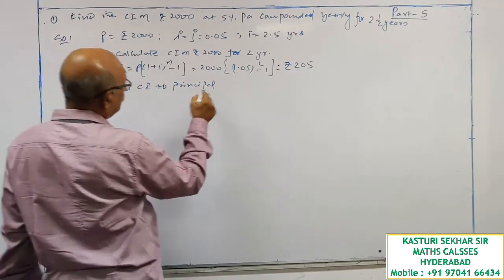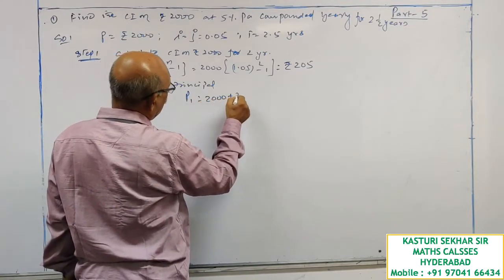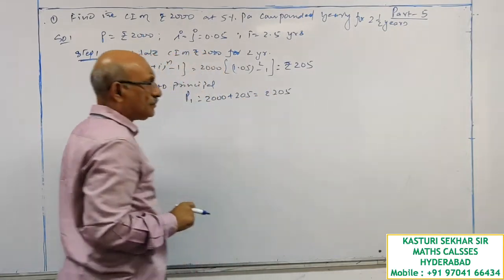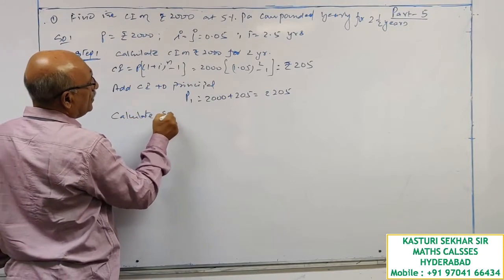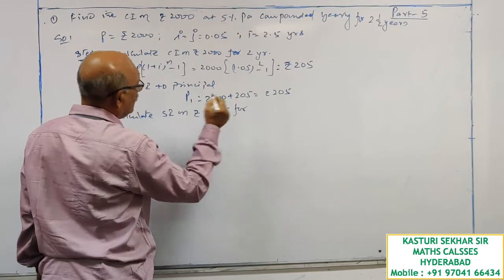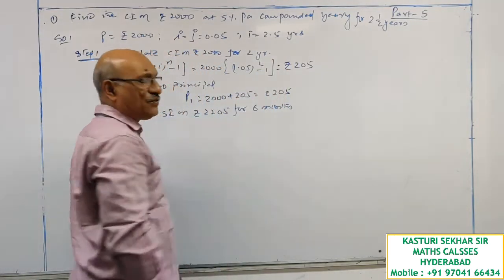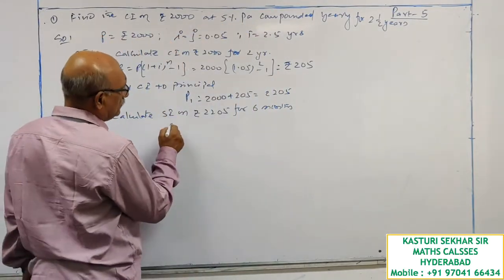So P1 is equal to 2000 plus 205, 2205. Calculate simple interest on rupees 2205 for 6 months. For this fractional part, I am calculating simple interest.